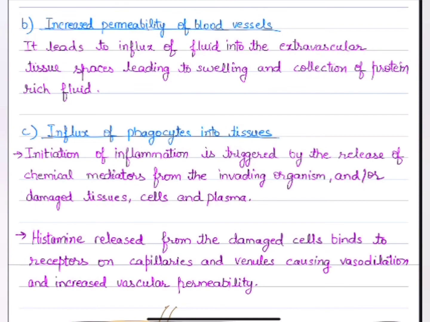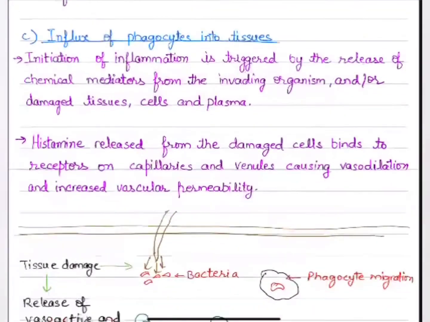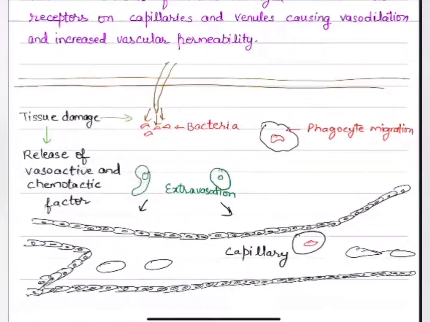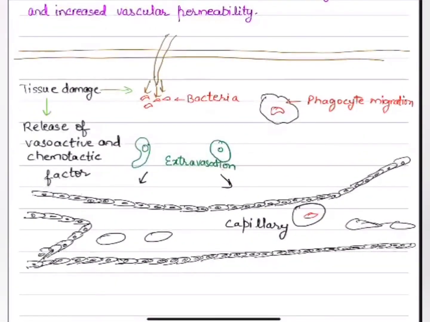Initiation of inflammation is triggered by the release of chemical mediators from the invading organisms, for example histamine. See here in the diagram, when tissue damage takes place, bacteria move inside and there is release of vasoactive and chemotactic factors. For example, we have histamine, bradykinins and activators of the blood clotting enzyme system.